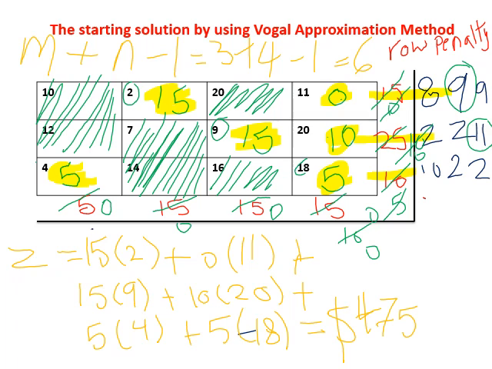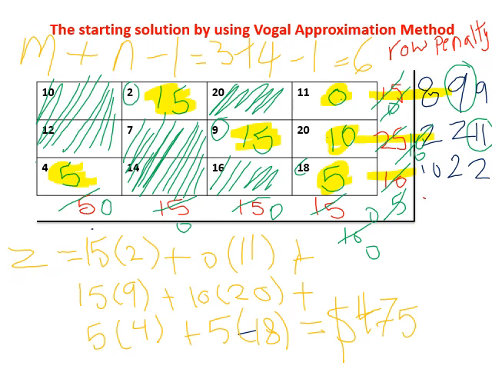Now, if we recall the three values for the starting solution for the northwest corner method, Vogel approximation method, and the least cost method, we will find that the best starting solution, which has the minimum cost, because we seek to minimize the cost, is the Vogel approximation method, while the northwest corner method is the easiest method for calculating the starting solution.